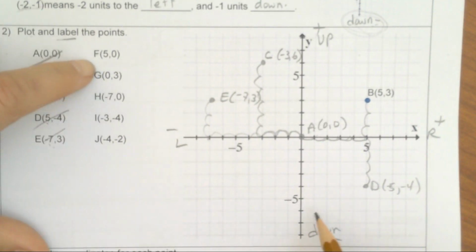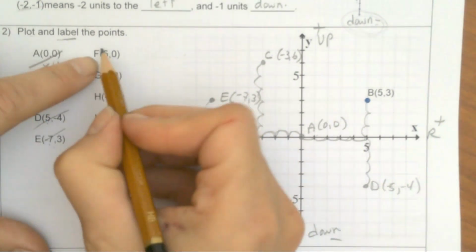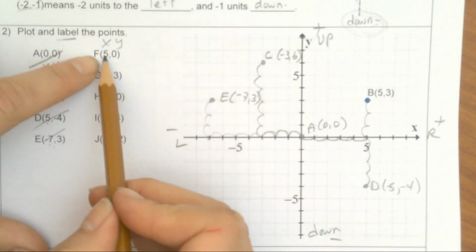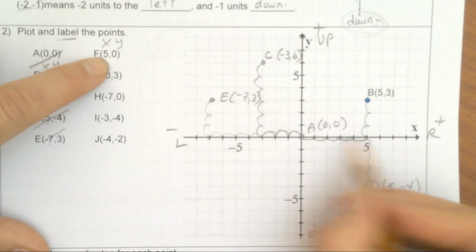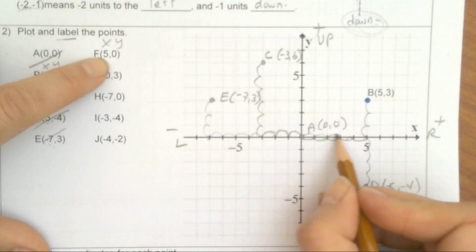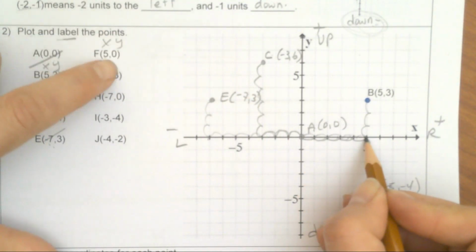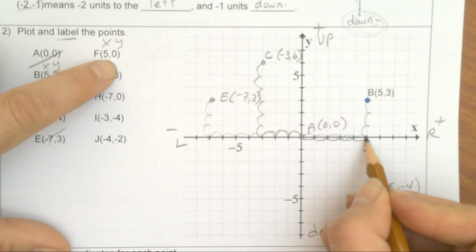Okay. F, 5, 0. So the 5 is left and right. So I have to go positive, so that's right. 5. 1, 2, 3, 4, 5. Now 0 for Y says stay there, don't go up or down. So here's my point for F.